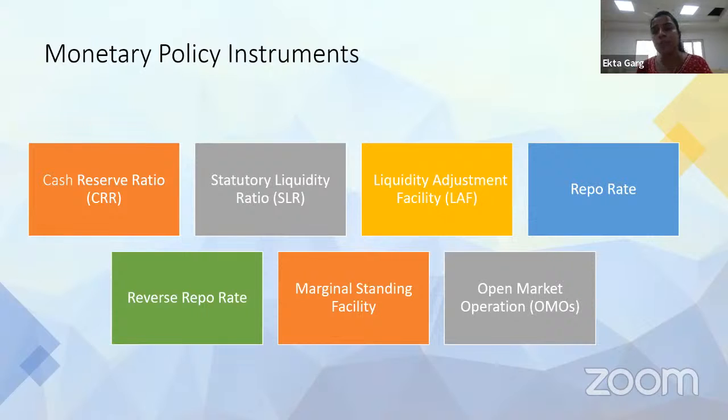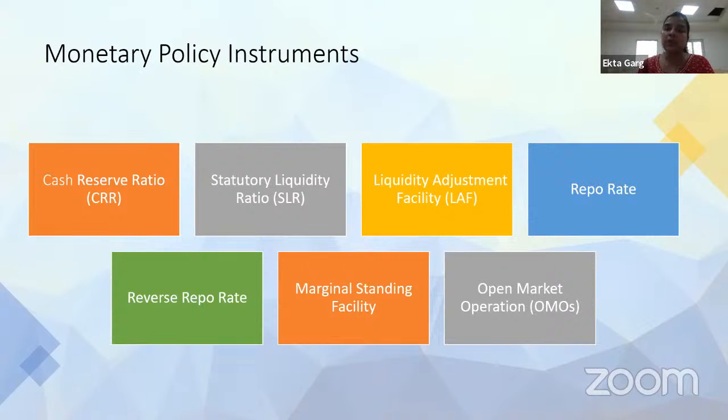Then it might create a problem of a bank run. To ensure that we do not face this problem, RBI ensures that we have a cash reserve ratio. A certain proportion of the deposits is kept with the bank, so that we do not face any problem. And this is notified by RBI in the Gazette of India from time to time.